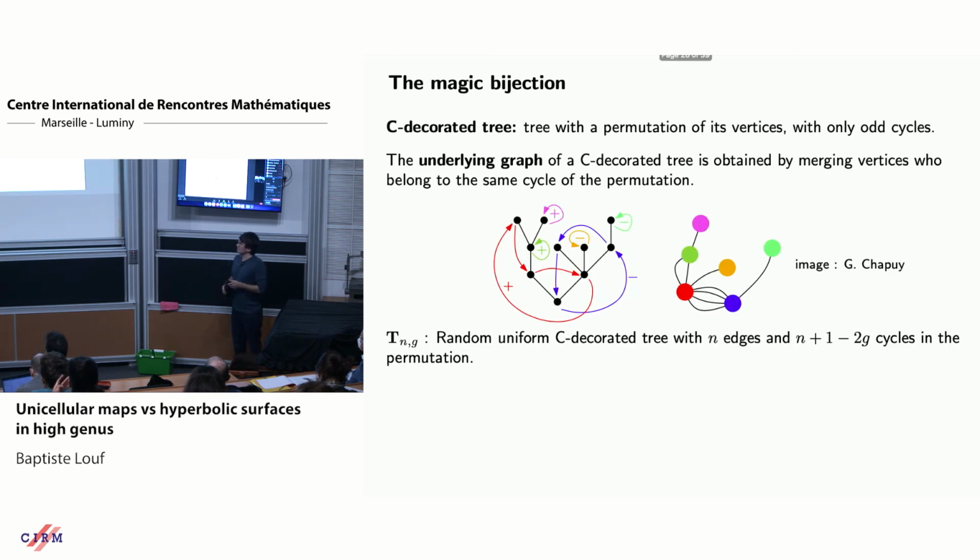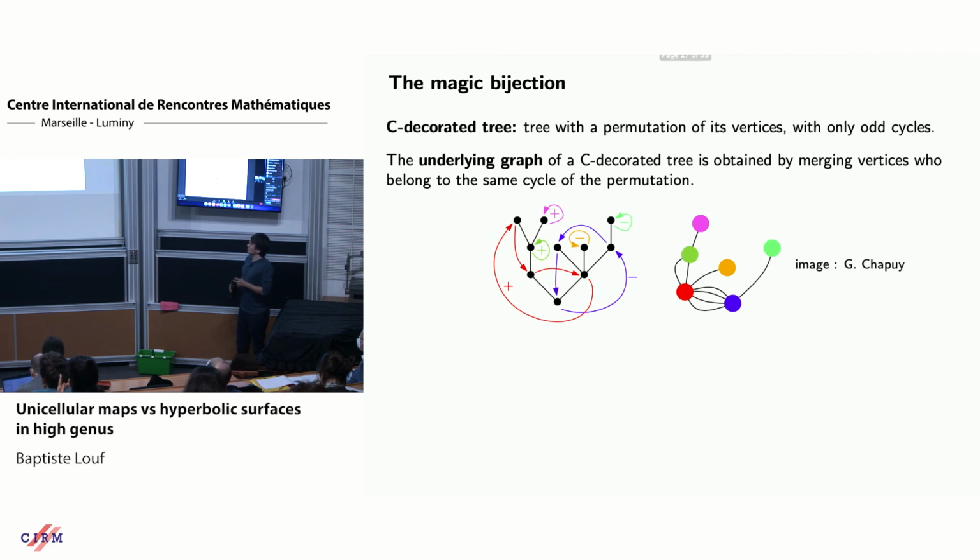I'm going to start with the magic bijection due to Chapuis, Féray, and Fusy. So Guillaume was here, and Eric was here, and Valentin who's not here. Let me define the model of tree I'm talking about. They're called C-decorated trees.